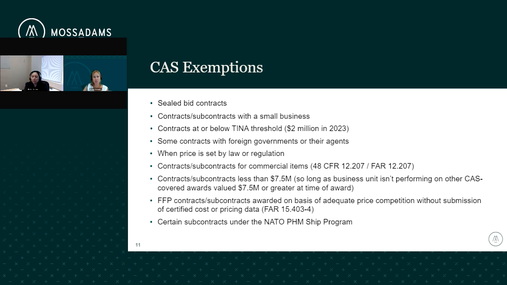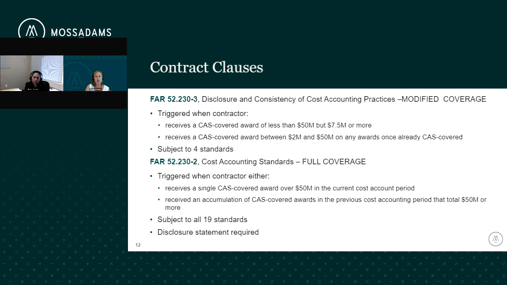So, if it's determined that the contractor doesn't meet a CAS exemption, then they'll want to look at the clauses in their contract, which will indicate if they're subject to either the modified CAS or full CAS. The contract clauses to pay attention to are FAR 52.230-3, and that's going to be the modified coverage clause.